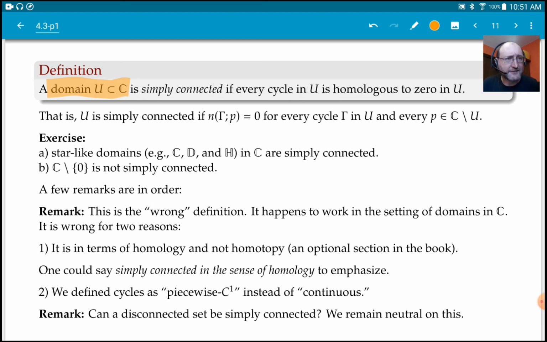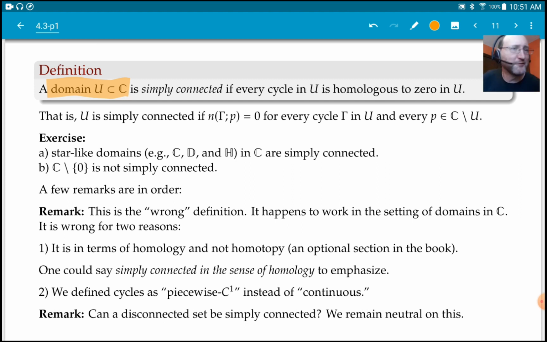Some places make this definition for even disconnected sets. It really depends, and there you would have to really get into the weeds of homotopy theory. In some sense, it doesn't make sense for disconnected sets.